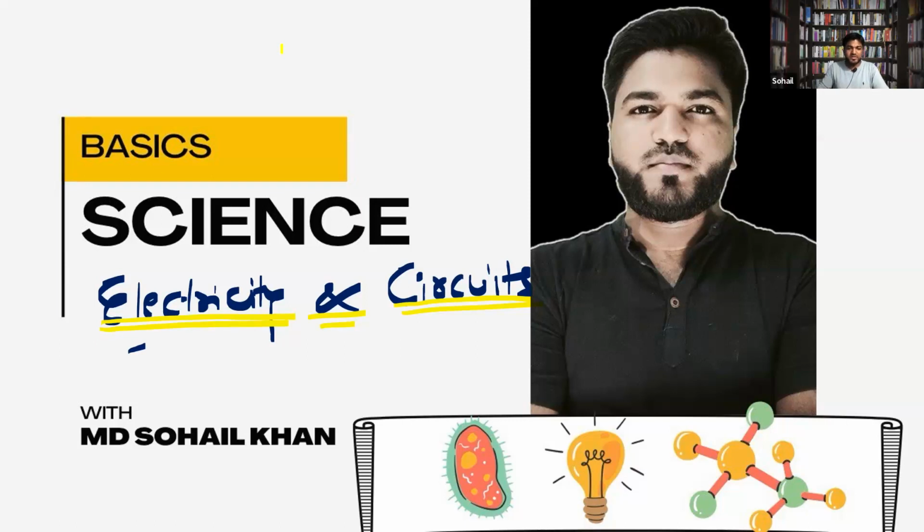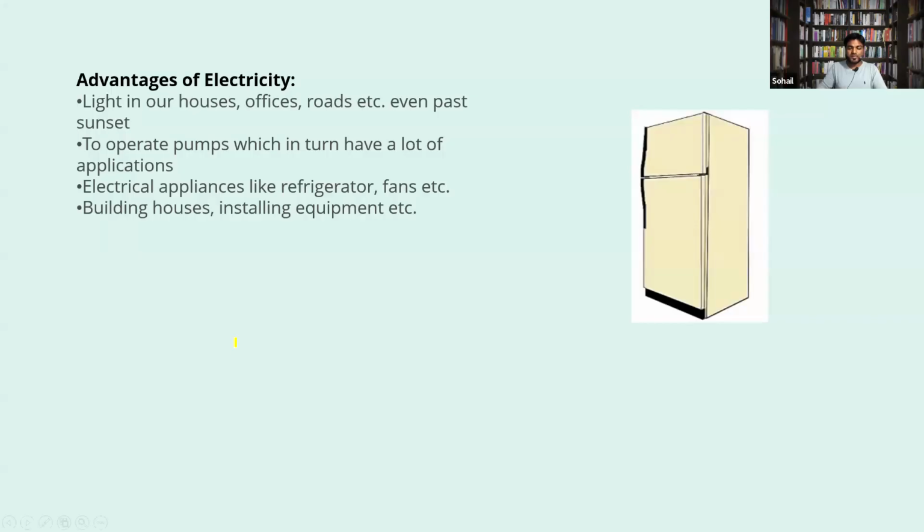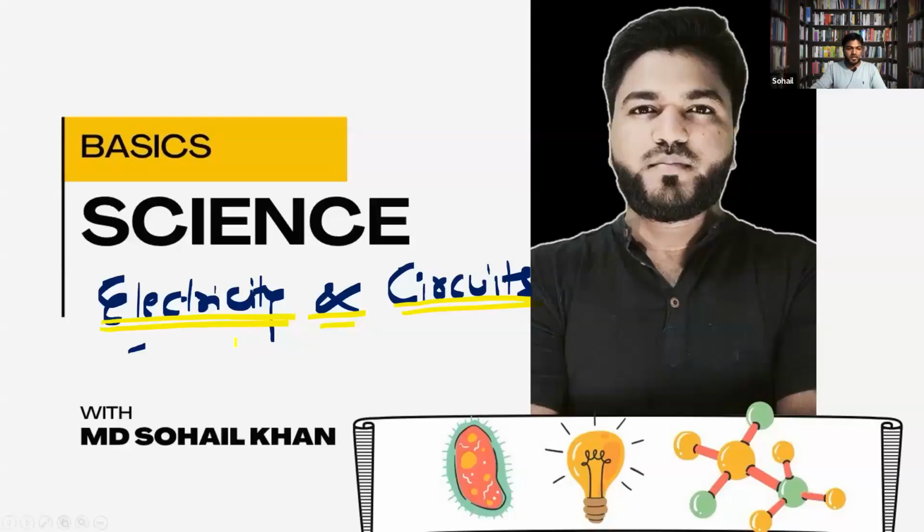So the chapter name is electricity and circuits. This is the chapter which we are going to start today. So electricity is basically what? How do we define electricity, Ahmed? Electricity is what? I would like to know from you.